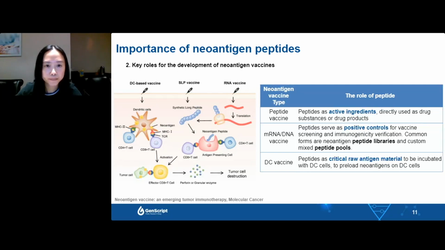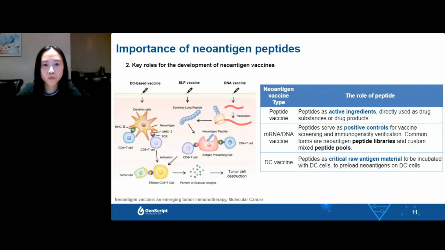And for the peptide vaccines, of course, peptides are used as the active ingredients, directly used as drug substances or drug products. And for mRNA or DNA vaccines, peptides serve as positive controls for vaccine screening and immunogenicity verification.